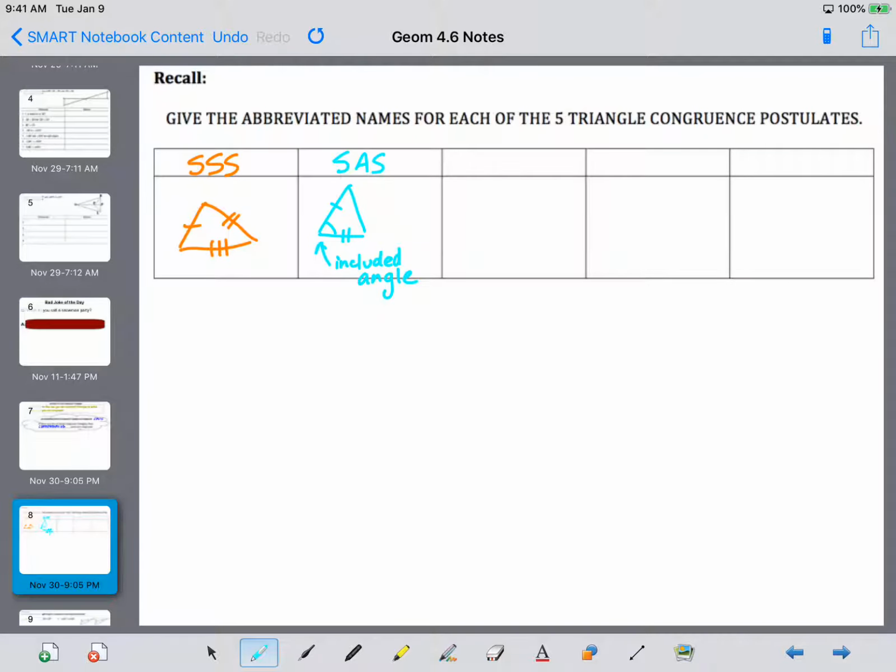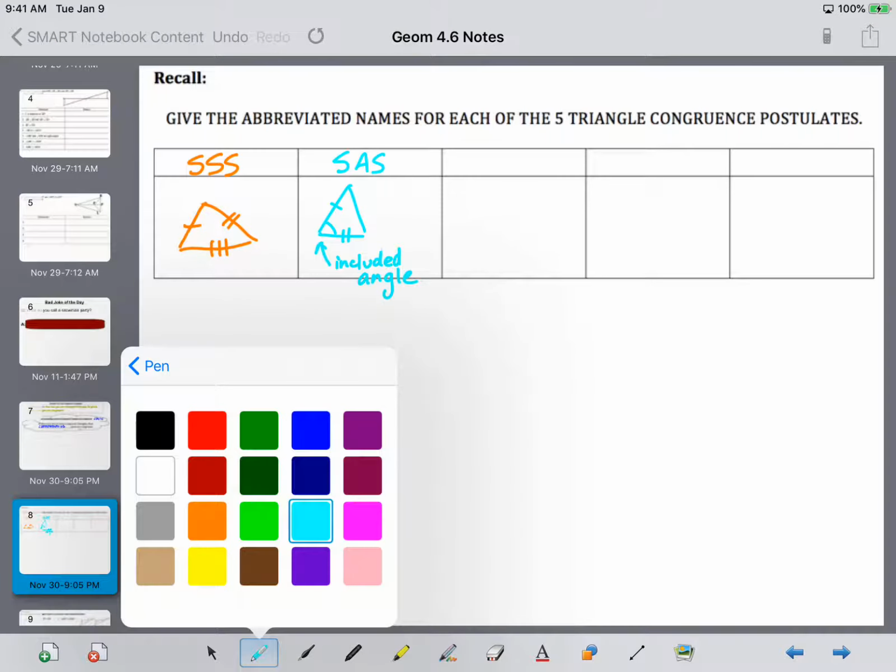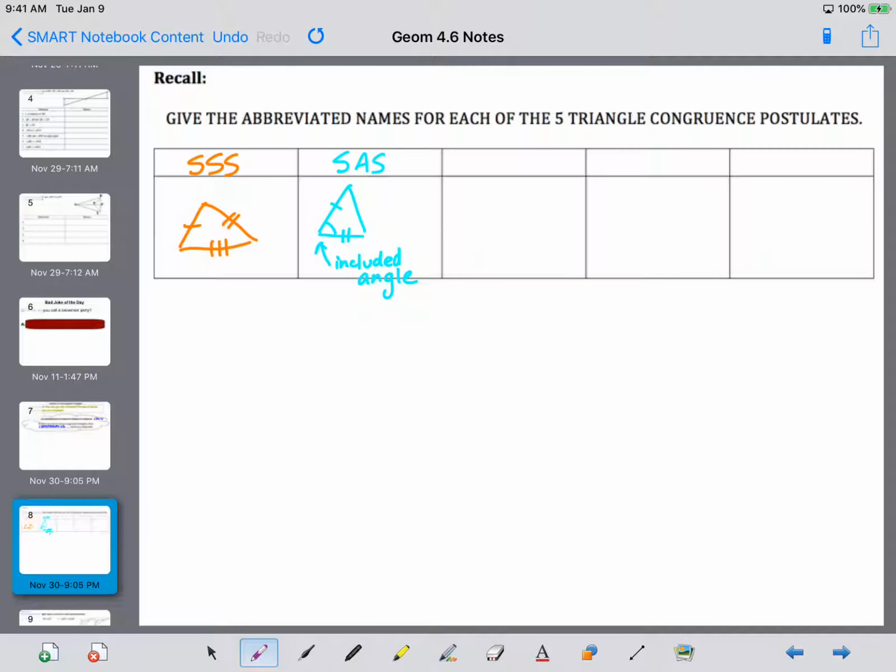All right, and the third way was angle, side, angle. And for triangle using angle, side, angle, it would have to be 2 angles. And then the side in between we call the included side.